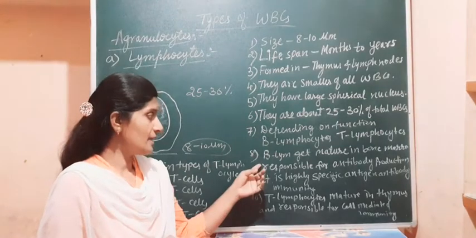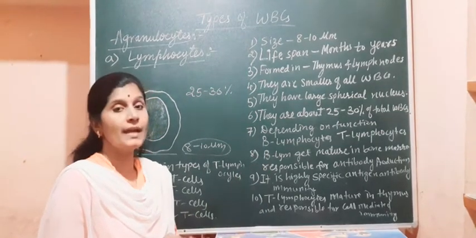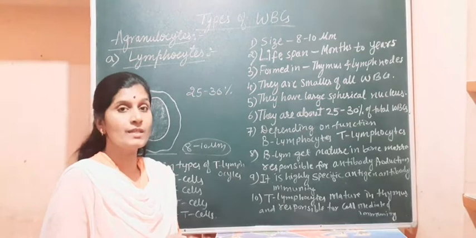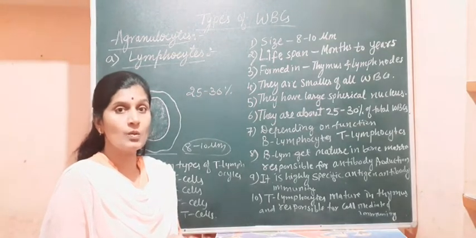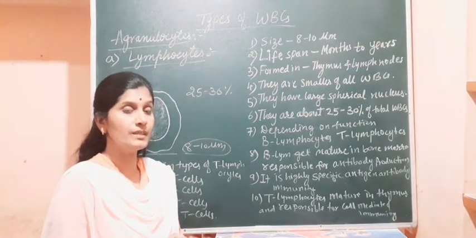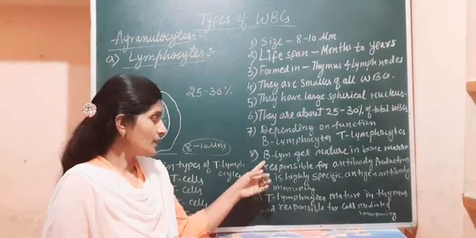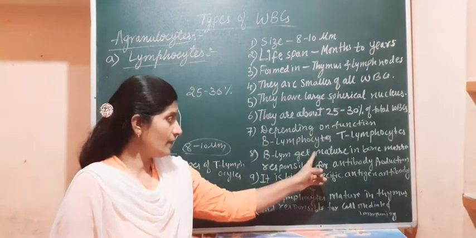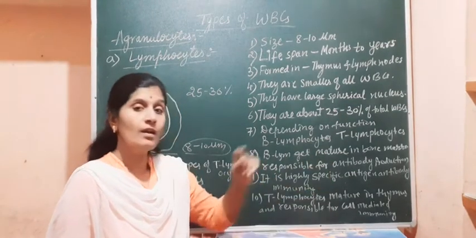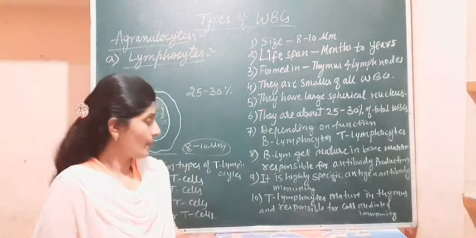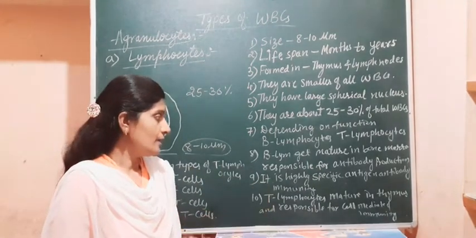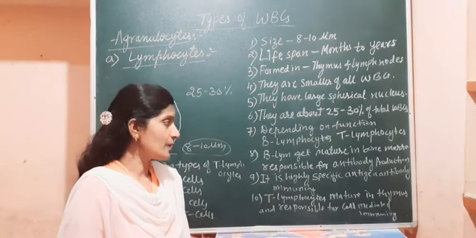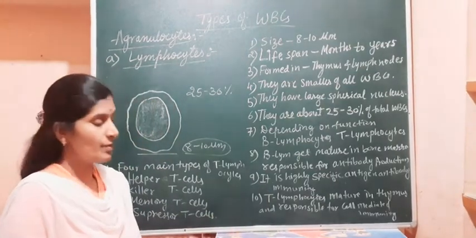Into that, these cells release antibodies. Antibodies are nothing but proteins, released into the blood. So they are responsible for humoral immunity, and they are highly specific to the antigen-antibody immunity.